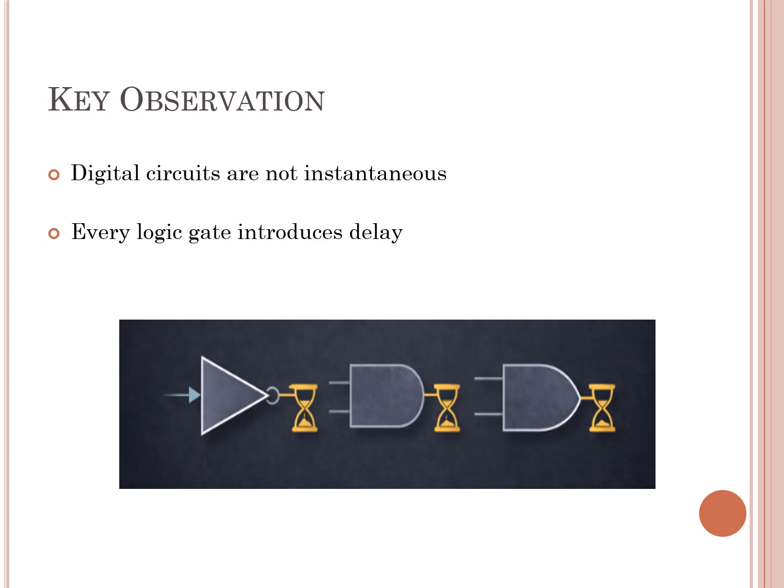This is exactly why processors have speed limits. Timing analysis is required. We care about delay in VLSI design. Every gate adds delay and delays always accumulate. So the takeaway is simple. No digital circuit is instant and every logic gate contributes to delay.